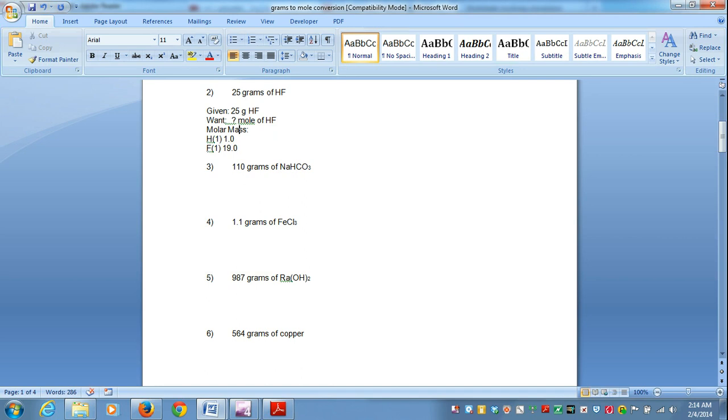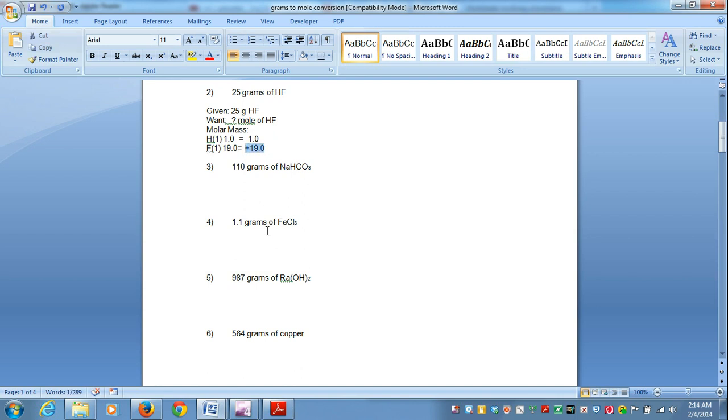And so the next thing you're going to do is multiply across. And 1 times 1, in this case, is 1.0 again. And 19 times 1 is 19.0. So what you're going to do to figure out the molar mass of these two is now you're just going to add 19 plus 1.